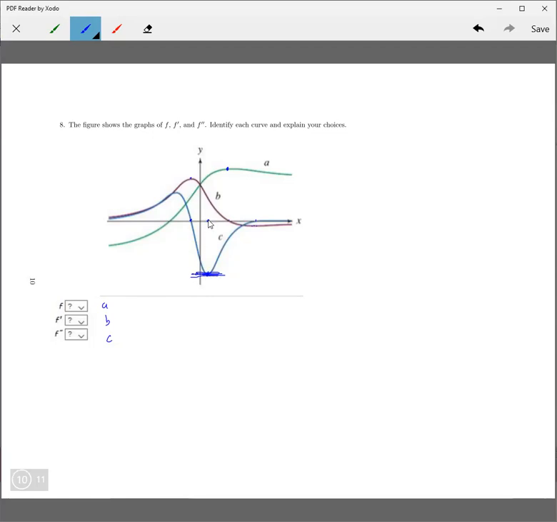It has to intersect there, but neither A nor B does. So that means C has to be that one. And likewise, B has a horizontal tangent here. So if A were its derivative, A would have to intersect the x-axis here, but it doesn't. C does. So C is the derivative of B. Okay, so that's pretty much the order right there.